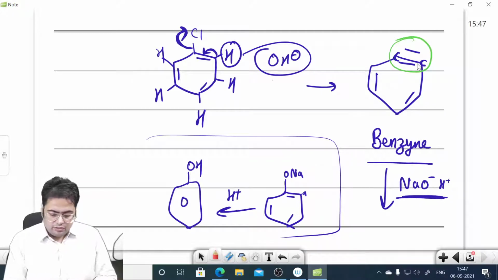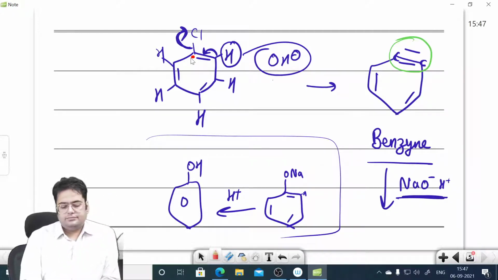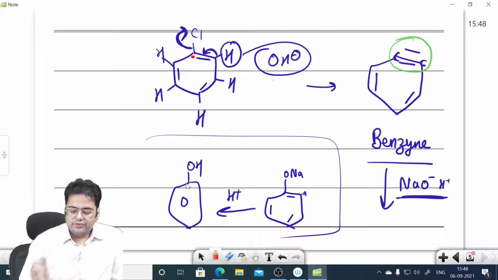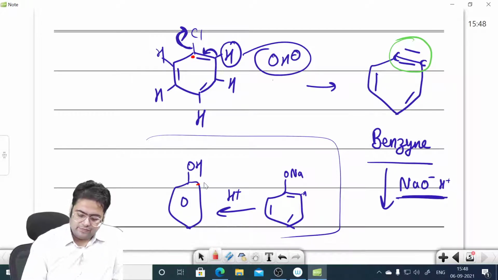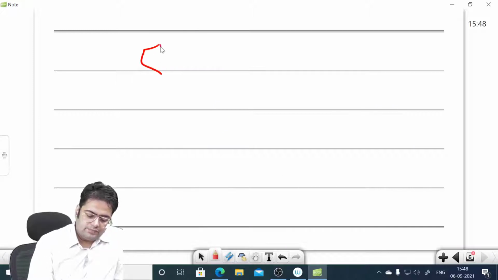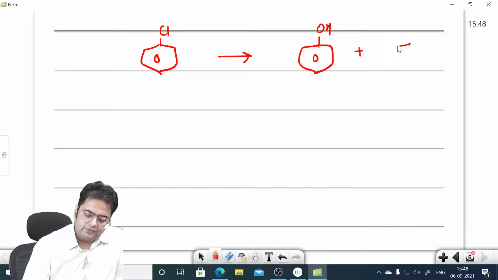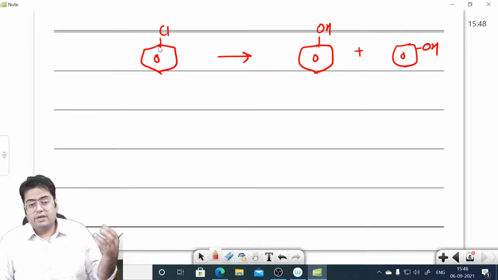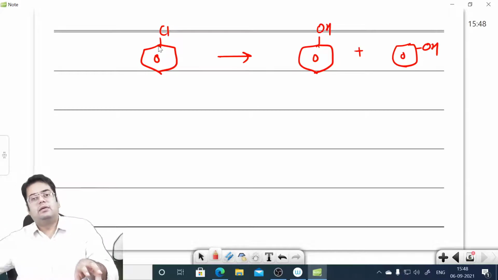Let me tell you, the chlorine is present on this carbon, and the possibility of getting OH at this carbon or at its nearby carbon is 50-50. That means certainly you will get phenol, but there is equal chance that the carbon from which the chlorine is coming out will get OH, or the nearby carbon will get OH.